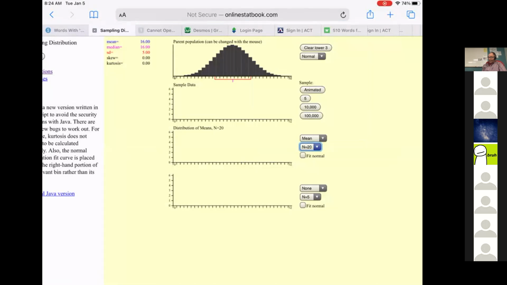What we should see when I animate this 10,000 times is a really narrow sampling distribution, and that's what we're after. The whole point there, and I way over talked that, is that as my sample size increases, my variability is going to decrease.